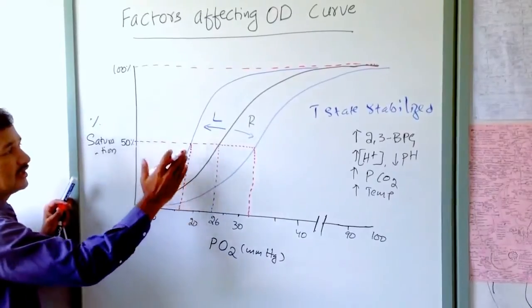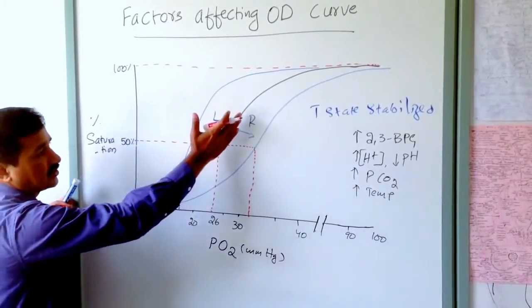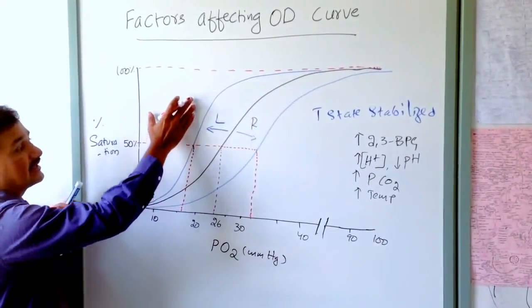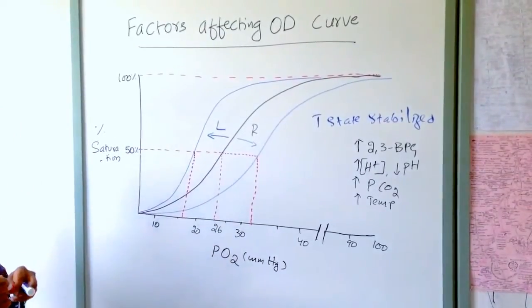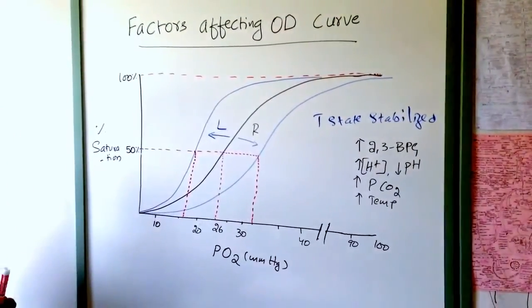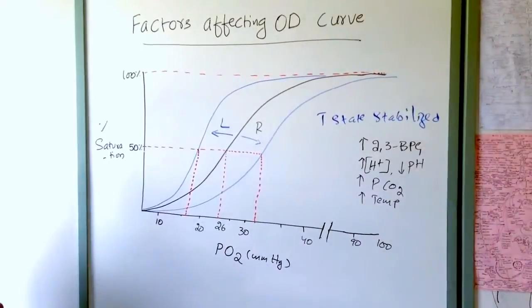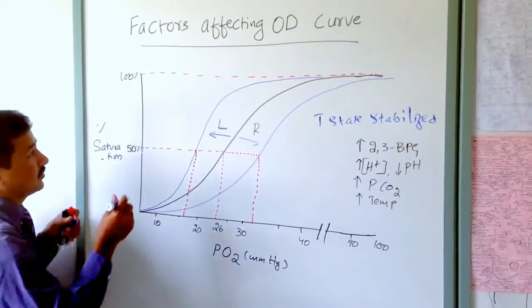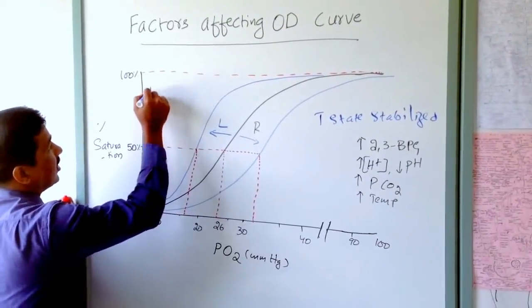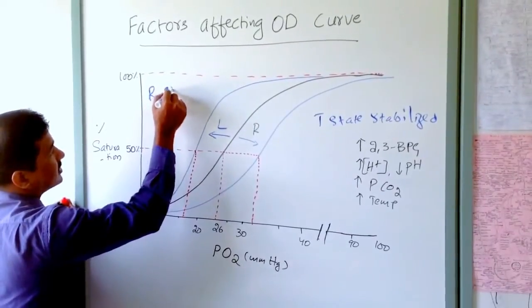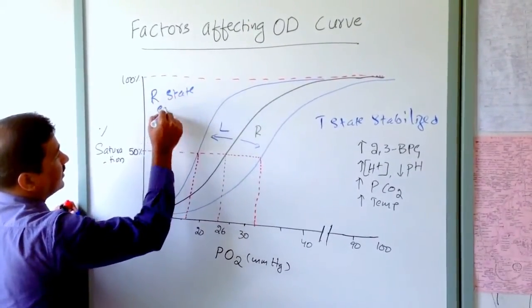It means that these factors increase the affinity of hemoglobin towards the oxygen molecule. So they will stabilize the R state of hemoglobin, R state stabilization.